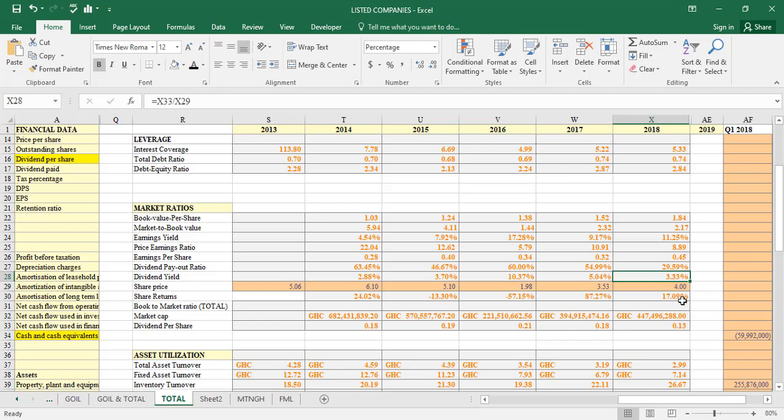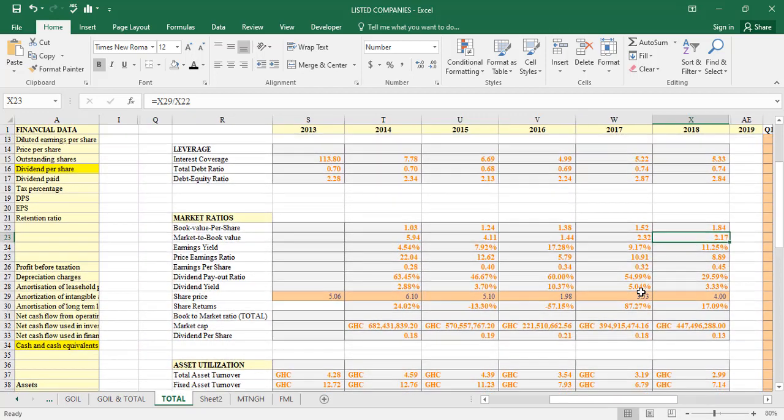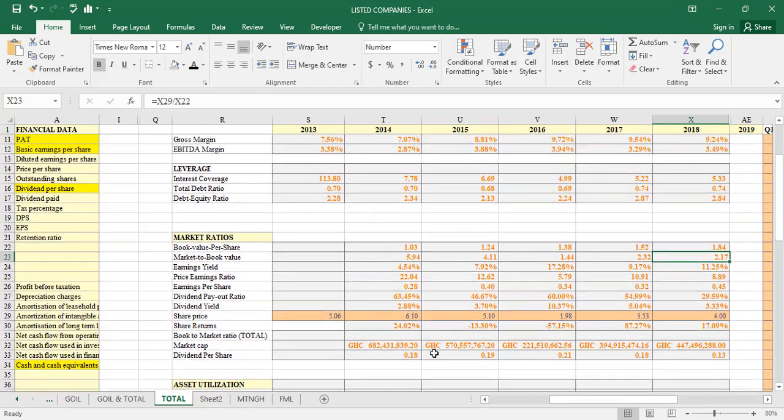Then we are seeing the earnings yield to be 11.25%, and the market to book value is 2.17, as against the previous figures that we saw. So viewers, these have been the market ratios that we have analyzed for Total Ghana.